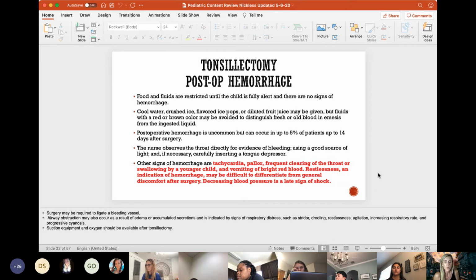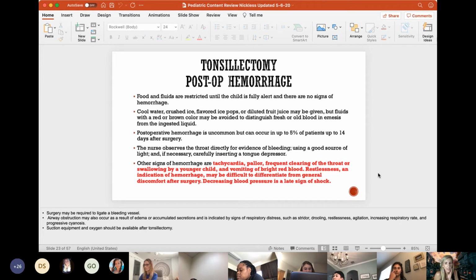It's not very common, but we don't want them to bleed after. We know that they're probably bleeding if they're swallowing a lot, okay? Clearing their throat. If we see the red blood, if they're restless. And the biggest thing is we want them to have pain management so that they will stay drinking and eating, so they will stay hydrated, okay?